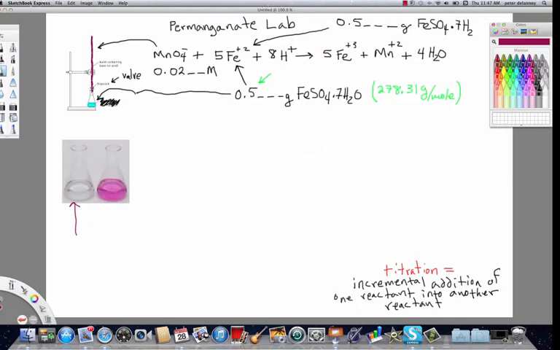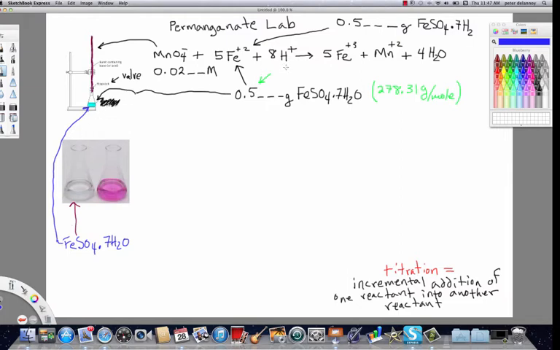So the iron 2 solution is colorless to start with, so this is FeSO4.7H2O. In the beginning of the experiment, the iron 2 solution is a colorless solution. It will be located here in the collection flask.